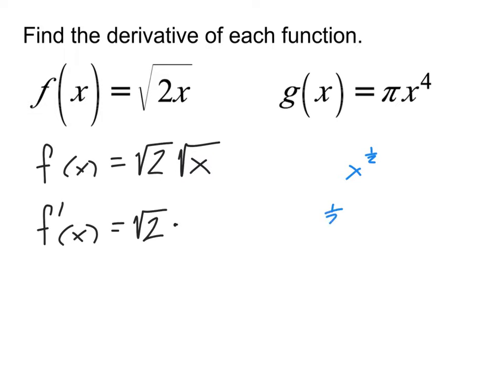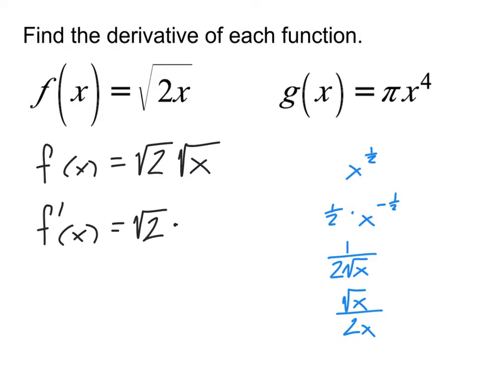Well, let's see here. The square root of x is x to the 1/2. So that becomes 1/2 times x to the negative 1/2, which is then simplified, because the original was simplified, so I do want to simplify it here. 1 over 2 root x. Which actually I could simplify even further, couldn't I? Because I could then multiply top and bottom by root x and turn it into root x over 2x.